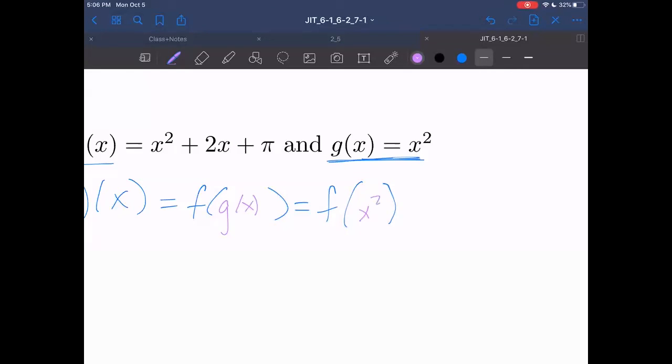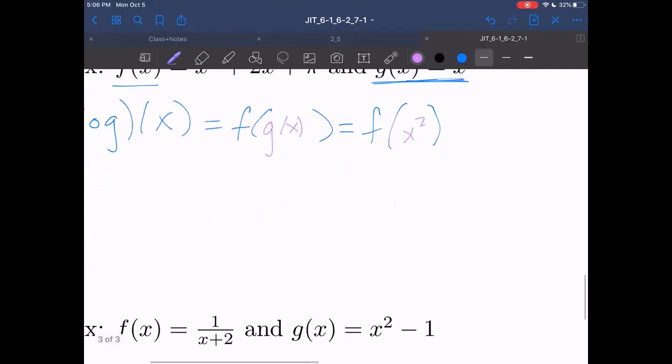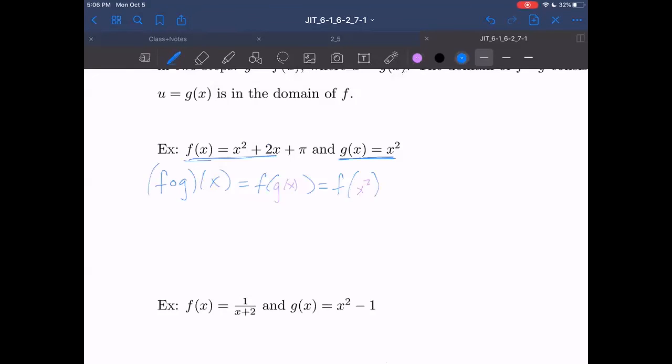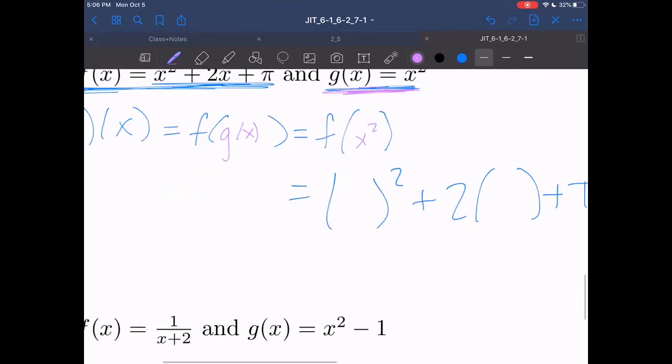Okay, and so now anywhere in my f of x where there's an x, I'm going to plug x squared in there.